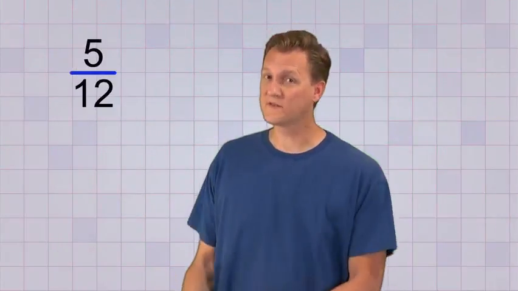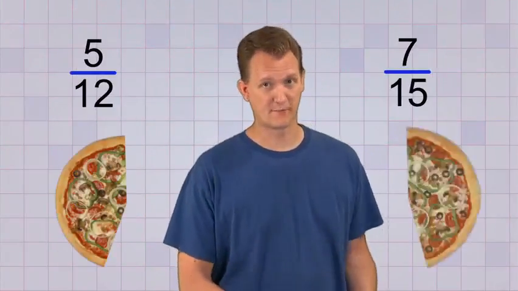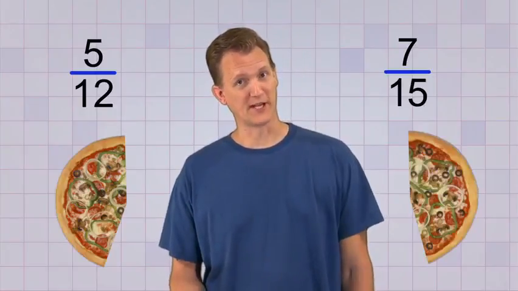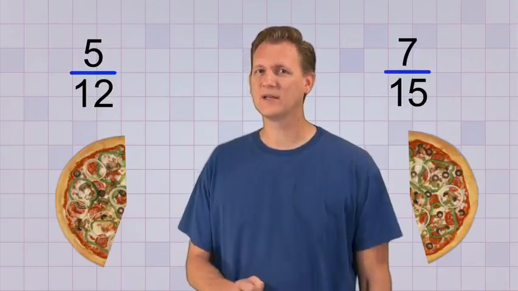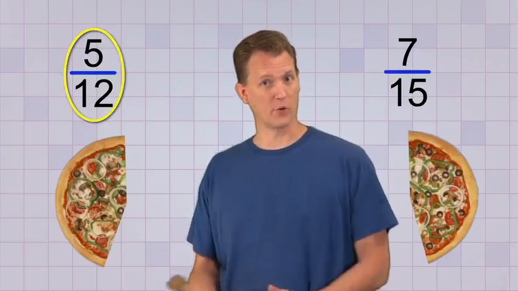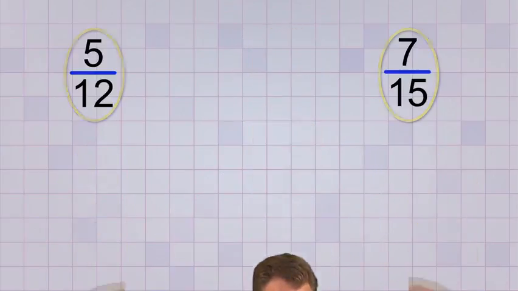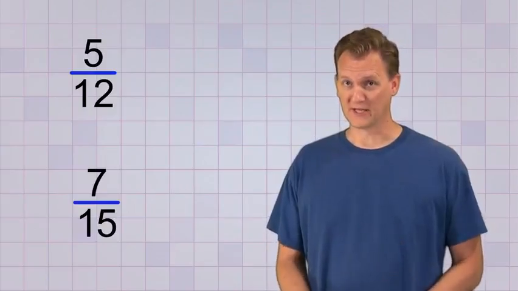For example, let's say I offered to give you either 5/12 of a pizza or 7/15 of a pizza. Now you happen to be really hungry, so you want to choose the biggest amount. But it's not very easy to tell just by looking which is bigger. 5/12ths, or 7/15ths? This is where decimal values can really help you out.